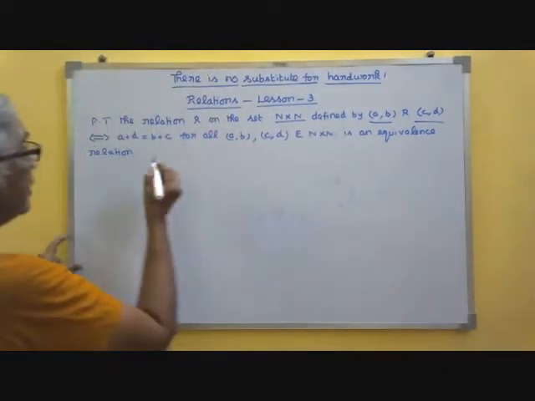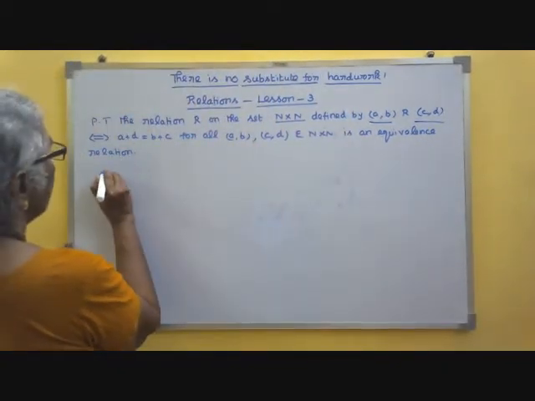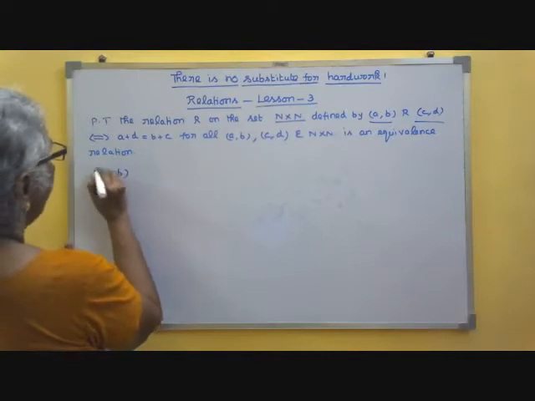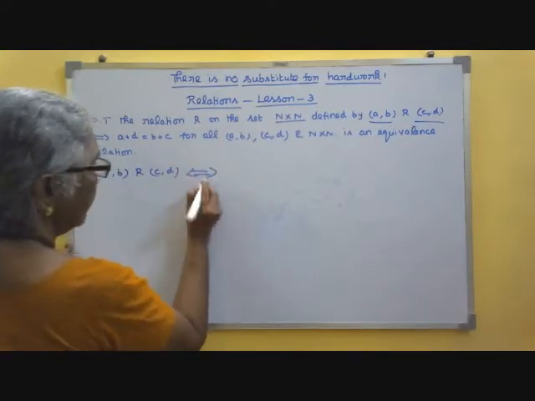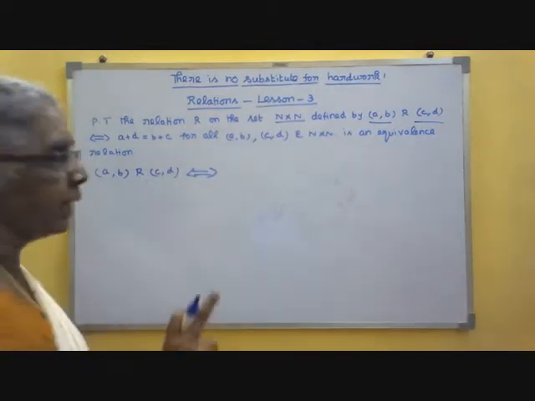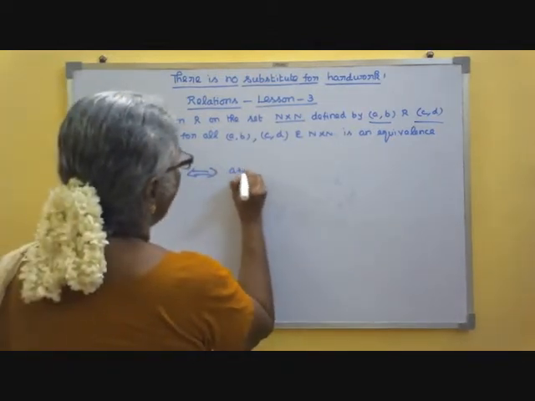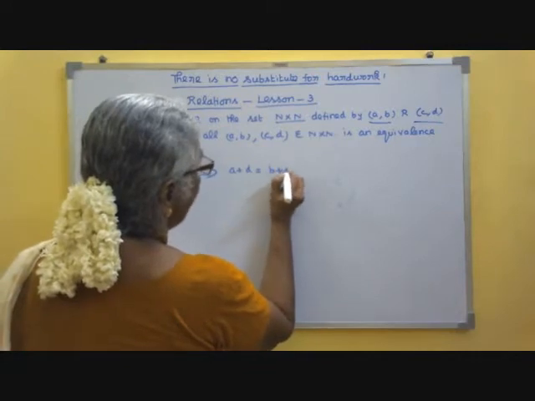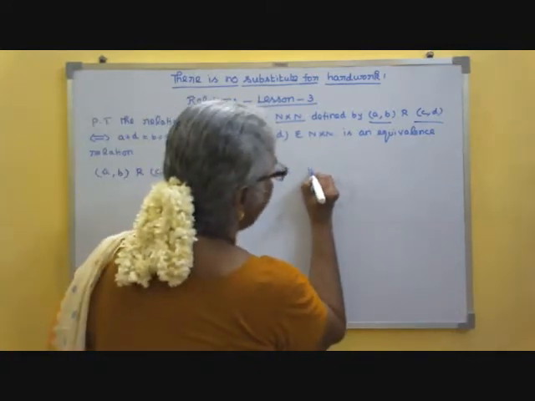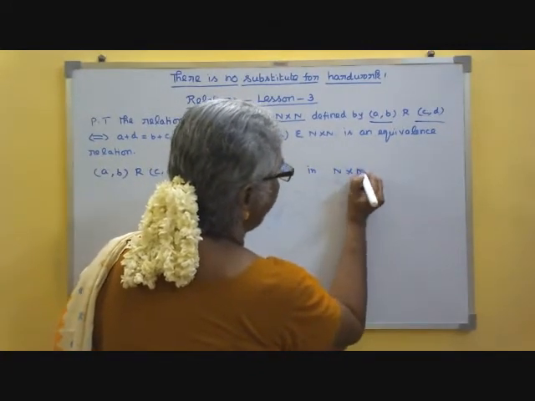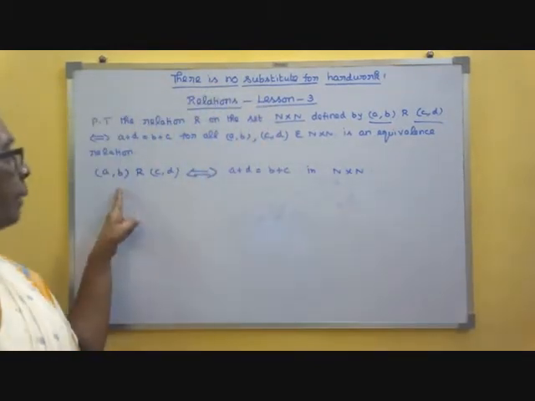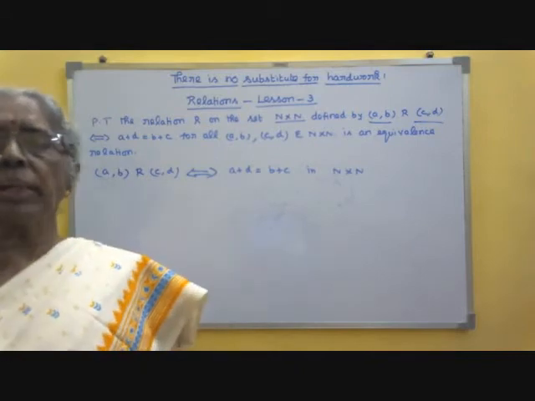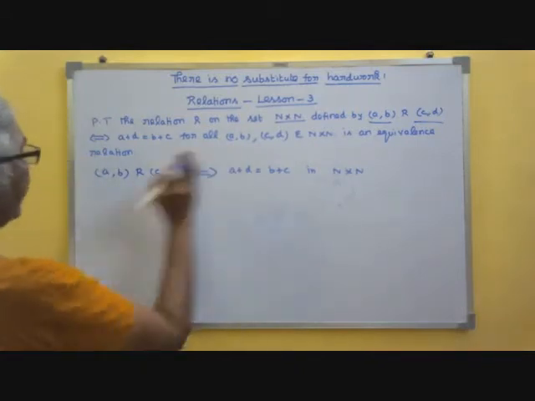Okay, so first let me write A comma B related to C comma D. This is, I told you, it is double implication, that is A plus D is equal to B plus C, where in N cross N. That means I am saying the set is N cross N. A comma B, C comma D both belong to N cross N. So this is the given thing.